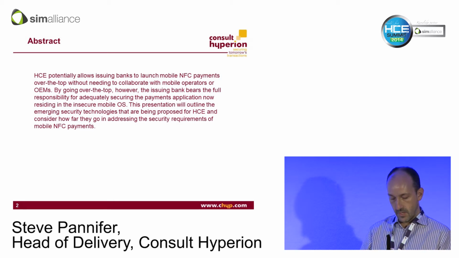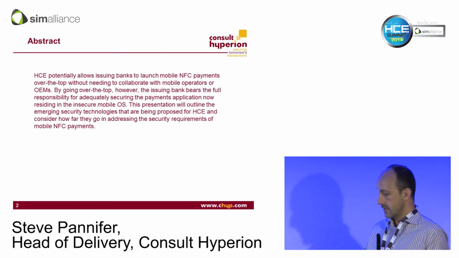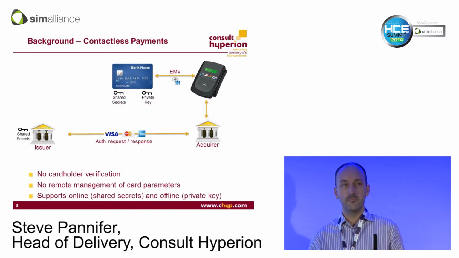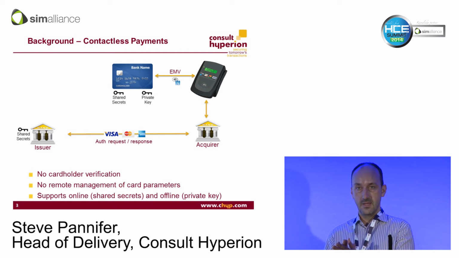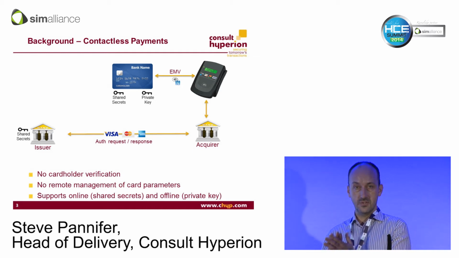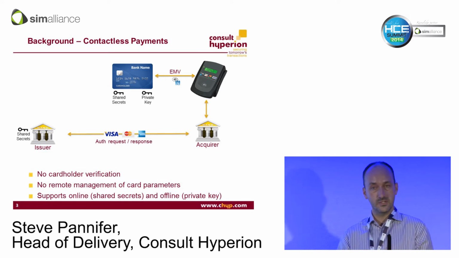So what I wanted to do this morning is have quite a payments focus, because what we're talking about here is how to emulate card transactions in a phone, and in particular in the host operating system, so the right place to start is contactless transactions.